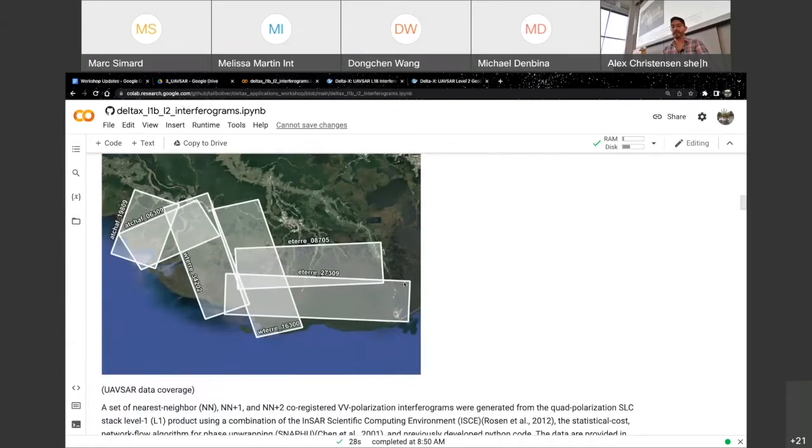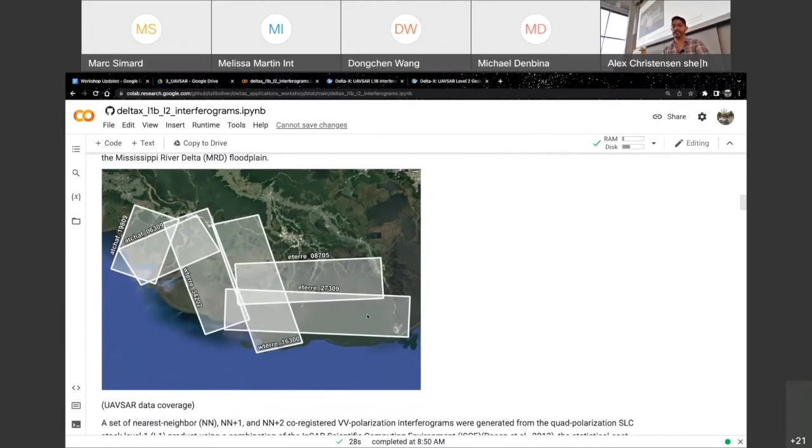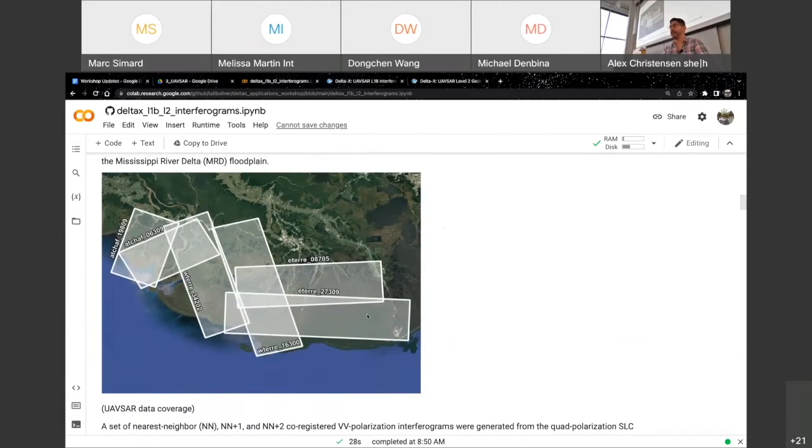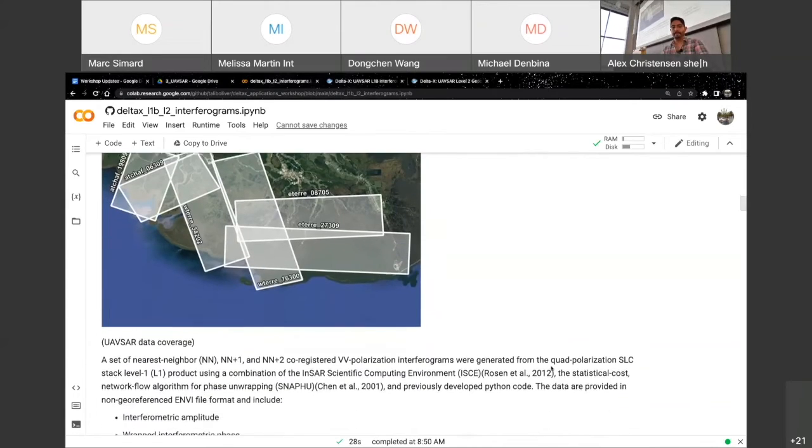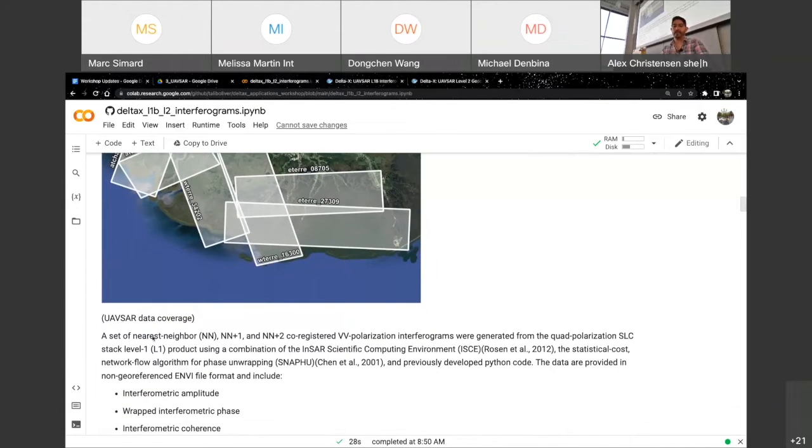And again, remember that this is the map of the coverage. So we have the same coverage, just instead of time steps, these are interferograms. And then just so that the processing of the interferograms is a little bit understood, for each pair of acquisitions, we can generate one interferogram.